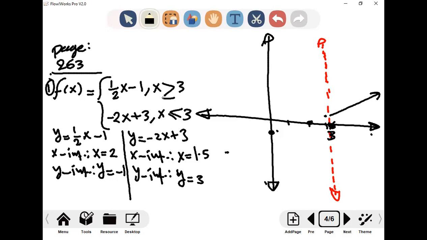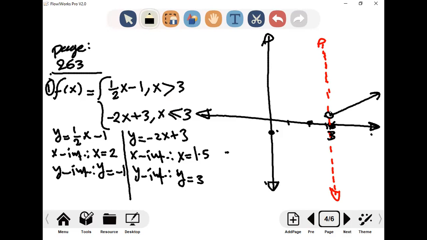Do we have an equal sign here? No. So we write what? Open circle. Okay. Now with your pencil, you can graph it all, then erase the part which is less than 3, because this is defined more than 3, to the right of the 3.